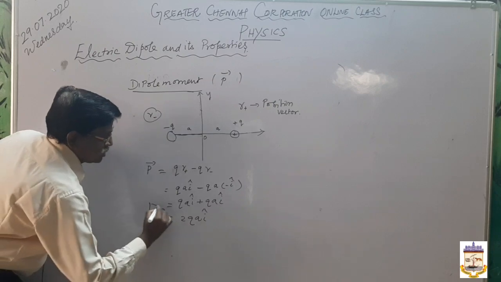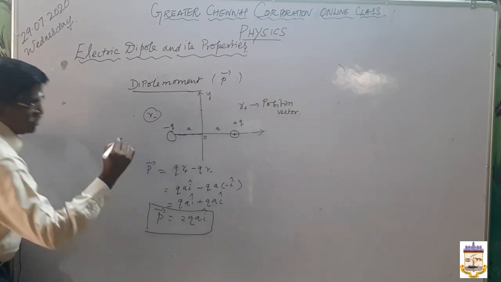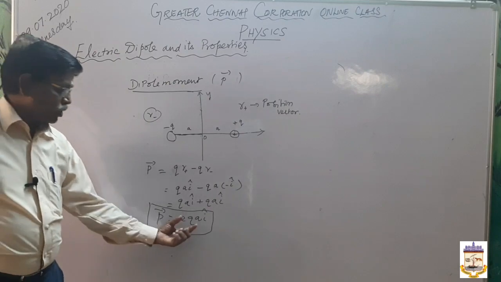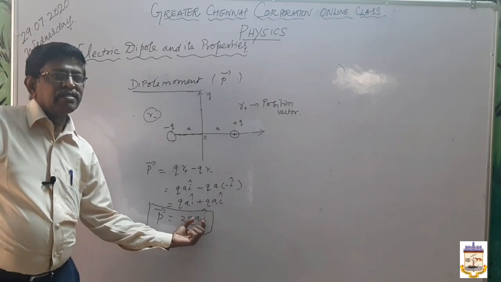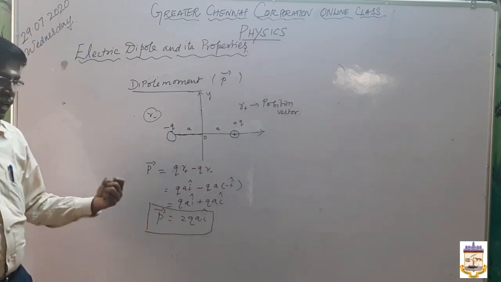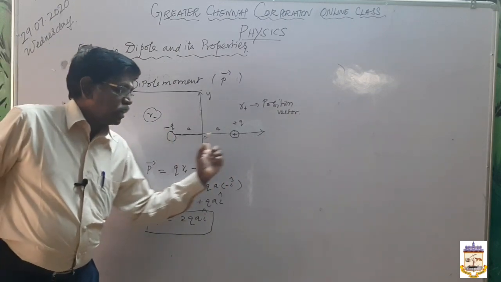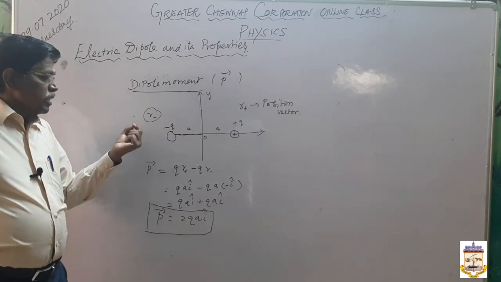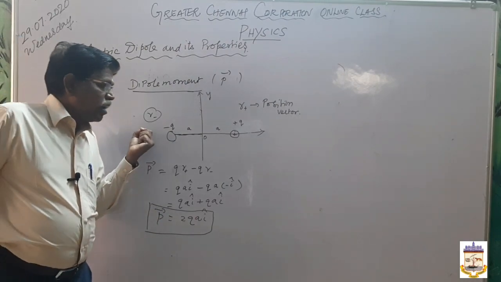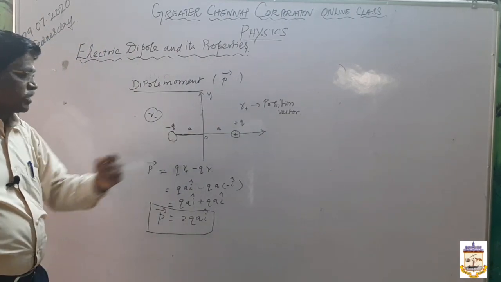So this is the formula for the dipole moment. 2qa is the magnitude, and i cap represents the direction, along the positive x direction. From this it is clearly seen the dipole moment always acts towards the right, the positive x direction.